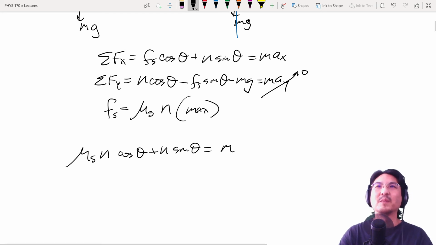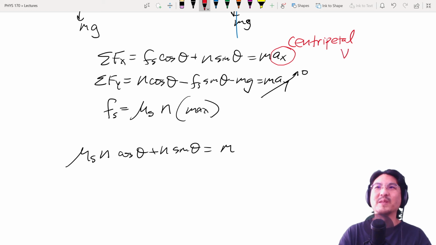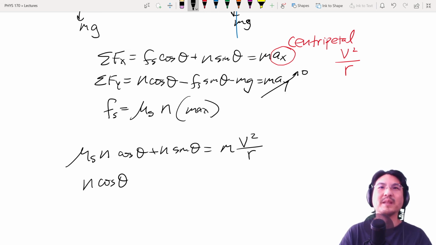And one more thing, we know that this is centripetal, and centripetal is v squared over the radius r. So I'll write that right here, v squared over r. Now let me write this equation: n cosine minus mu s times n.